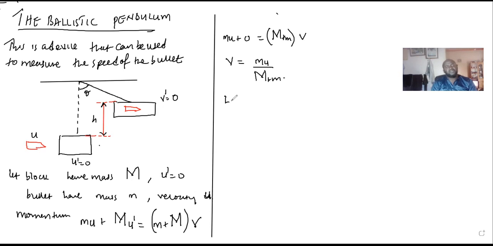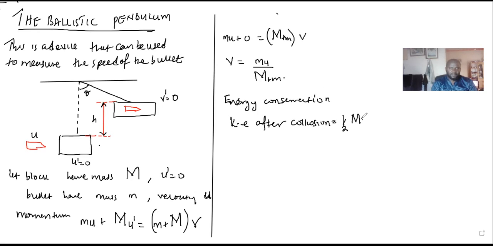Then we have energy conservation. Immediately they have collided, they gain kinetic energy. So the kinetic energy after collision is going to be equal to a half times capital M plus small m times the velocity v squared. Then they will lose the kinetic energy and gain potential.